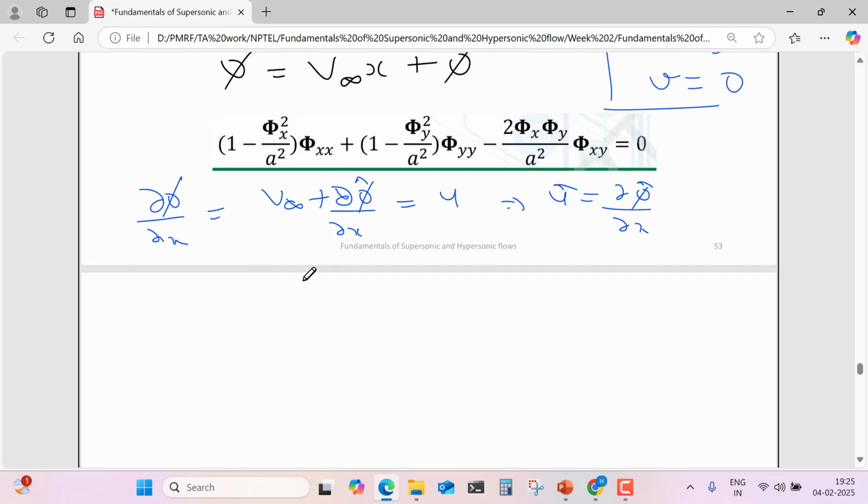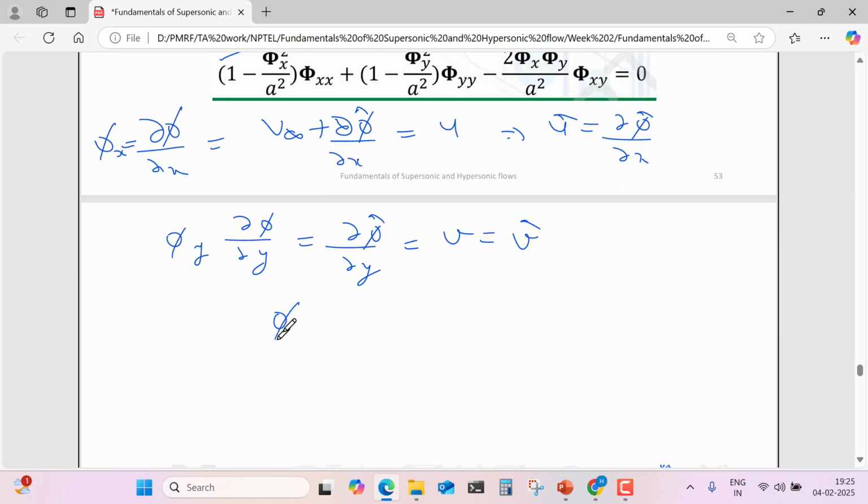Similarly, dou phi by dou y equal to dou phi cap by dou y, which is nothing but v, and it is equal to v cap. So this was our velocity potential equation. We will substitute this: phi x is nothing but this and phi y is this.